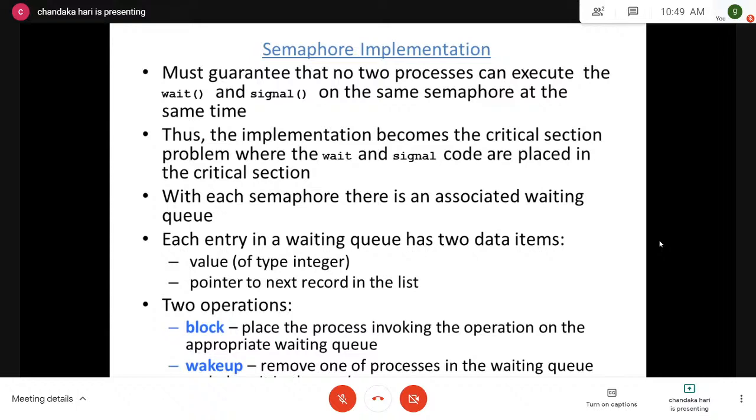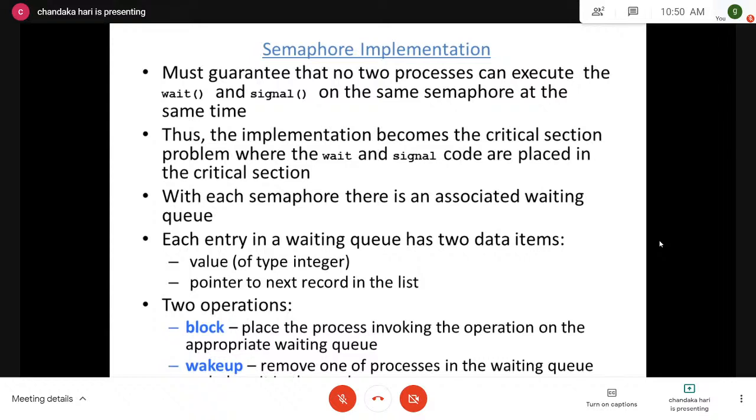The third very important point is that with each semaphore, there is an associated waiting queue. What is this waiting queue? The list of processes waiting for this particular semaphore value. Earlier we have seen a binary semaphore, binary in the sense of only two values. Now the list of processes waiting for this particular semaphore value has to be kept in a queue.